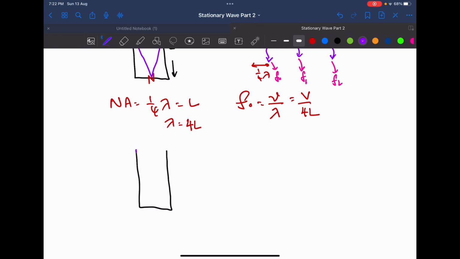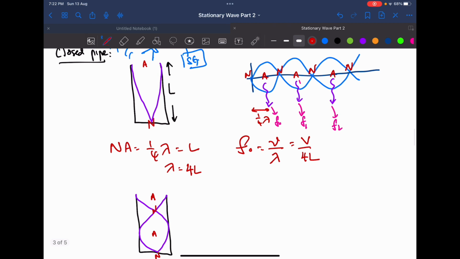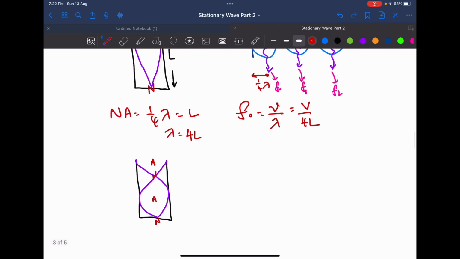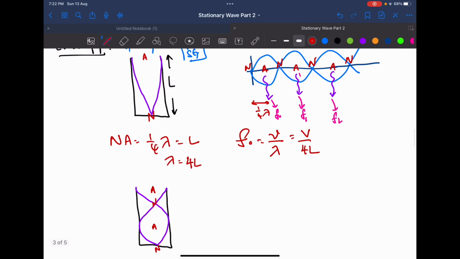So for that we need to draw the diagram. This will be node, antinode, node, antinode. That means two nodes and two antinodes, right? This is how it's going to look. So you can refer to this diagram and you can draw.